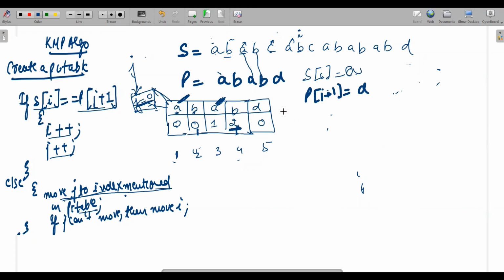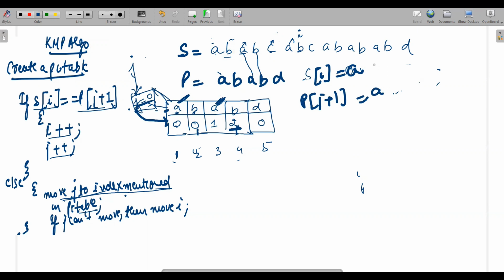So S of I has now become A. Now J is at 0 location. We have to just check S of I, which is now at A. We have to check P of J plus 1. So J is pointing to 0 location, but J plus 1 becomes this over here. This answer is A. A and A are matching finally.